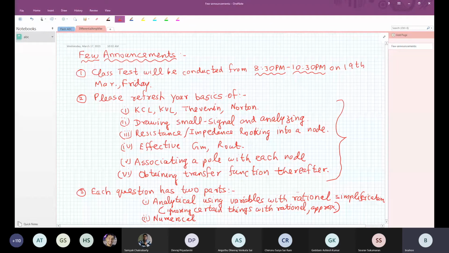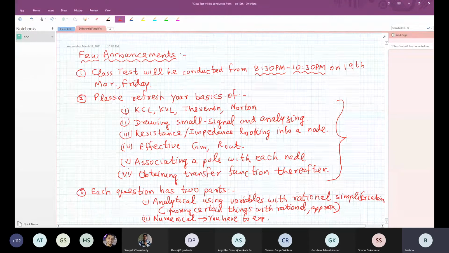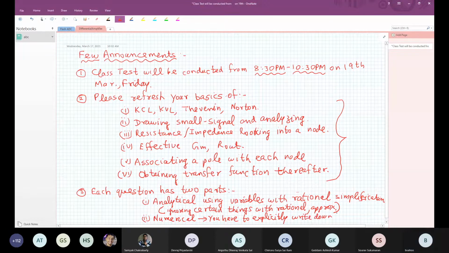You have to explicitly write down the circuit parameter numbers, the circuit parameters.